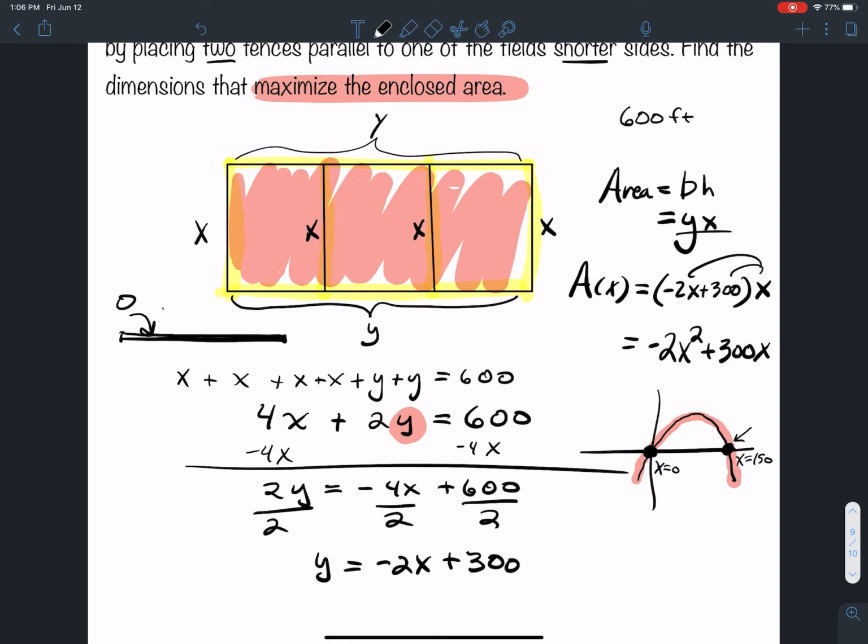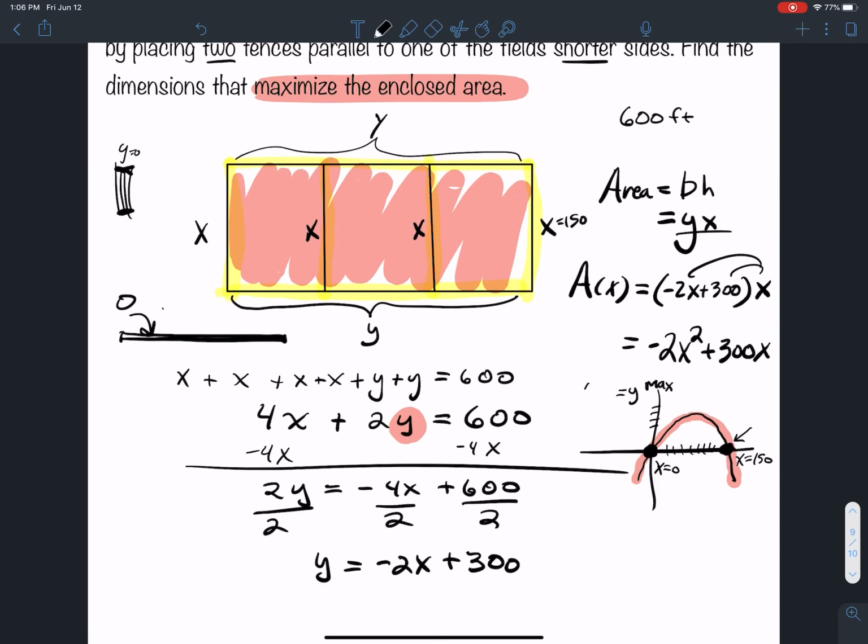If my length here was 150, that would mean I just have 4 walls all stuck together because there'd be no Y. The Y length would have to be 0. So that gives me an area of 0. So I'm looking for some X in between these where the Y value is maximized.